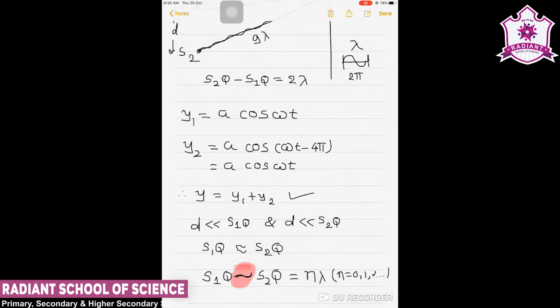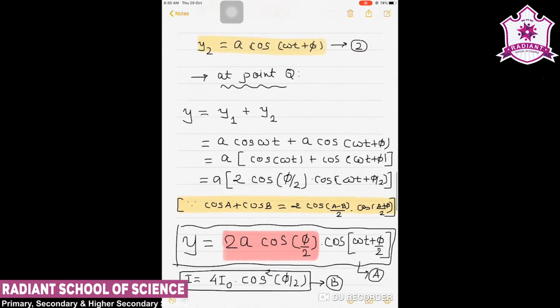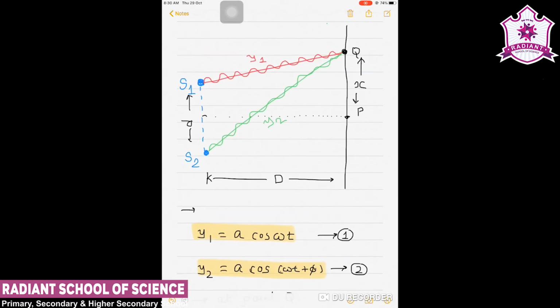Now if we move further, for the condition of destructive interference, we again go to the above figure. For y1 and y2, we have the condition such that their equations follow a particular condition of interference. They are coherent sources and they are vibrating.